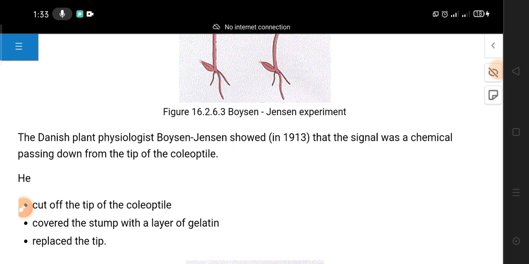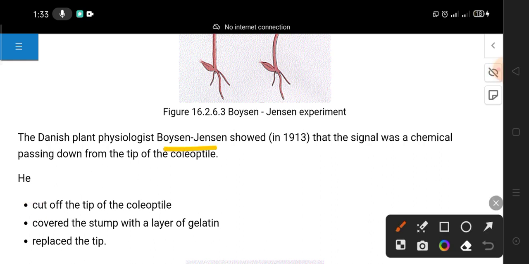The Danish plant physiologist Jensen showed that the signal was a chemical passing down from the tip of the coleoptile. He cut off the tip of the coleoptile, covered the stump with a layer of gelatin, and replaced the tip.